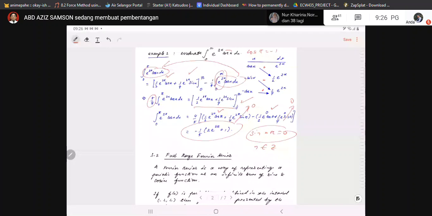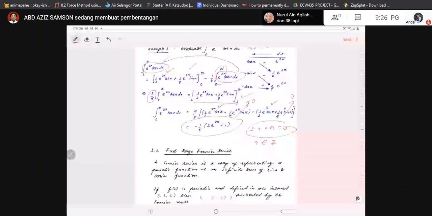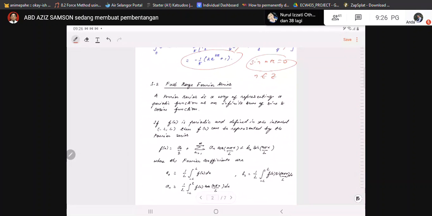Now next, what is important is the full range Fourier series.